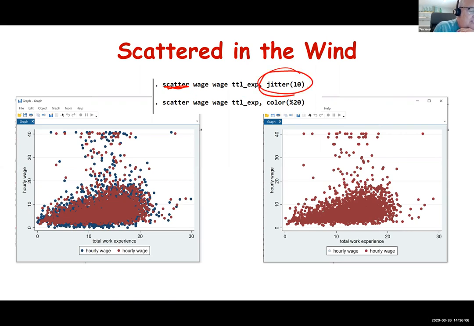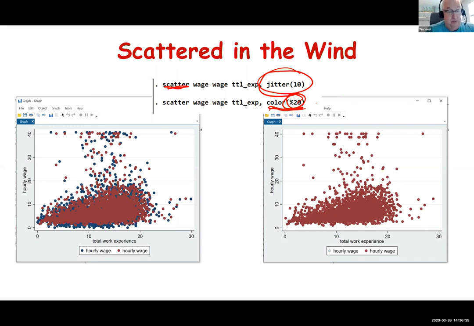One of the things they do is give you the opportunity to do what they call a jitter, which tries to move all the points just a little bit so they're not stacked totally on top of each other, which can throw things off. The other one you can use is color, and you can get a variety of options to set up your color. But those are the graphs.